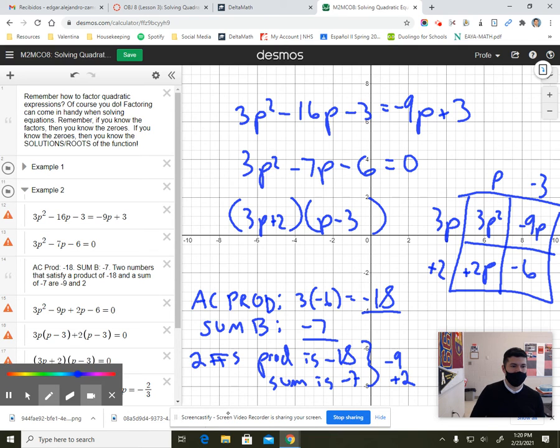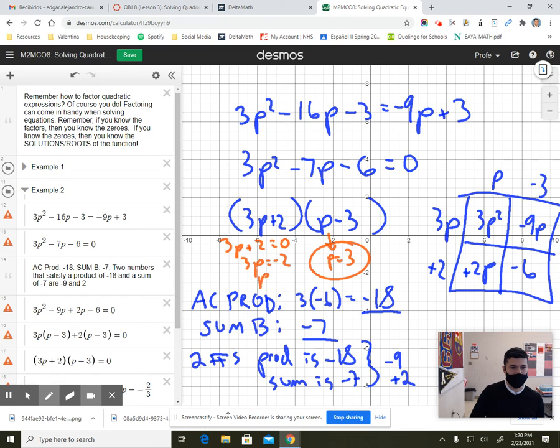Simple for me to find the first solution because I think additive inverse, p equals 3. And the second one, I'm going to go ahead and set up the equation 3p plus 2 equals 0 if I can't do it in my head. So 3p equals negative 2 and p equals negative 2 thirds. Two solutions, 3 and negative 2 thirds.